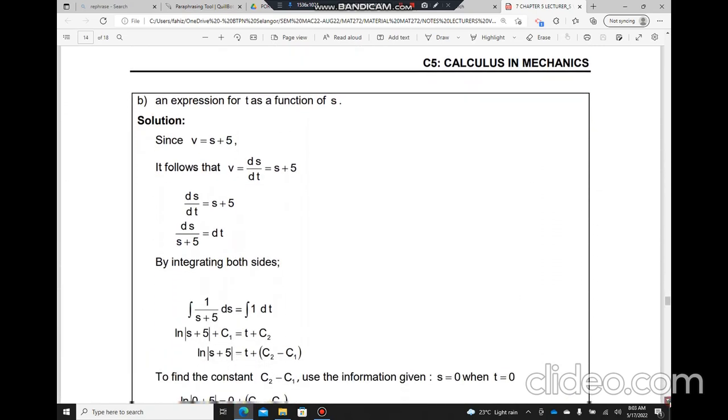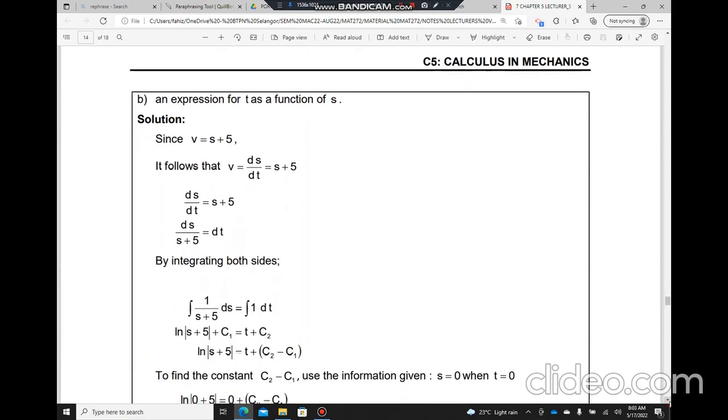Okay, an expression for T as a function of S. Since kita dah dapat yang tadi daripada A, kita dapat V as expression of S. Sekarang ni dia nak T. So it follows that V equals ds/dt equals S plus 5.